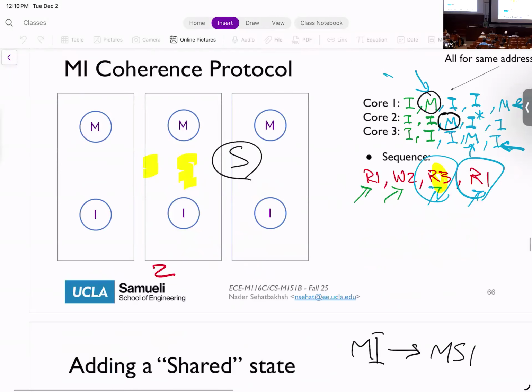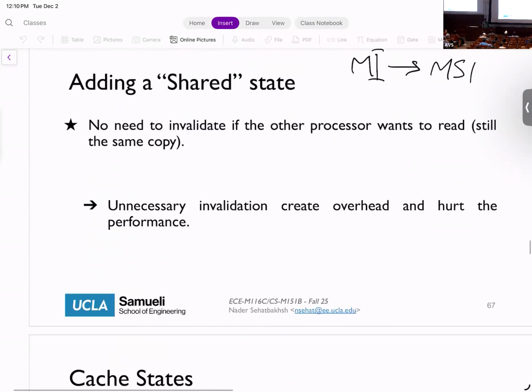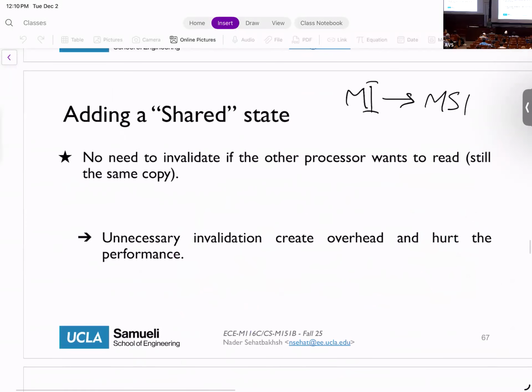We talked about the MI and MSI, and then we said that essentially the idea in cache coherency protocol is balancing the performance and the other overheads, including the area overhead for storing these coherency states, as well as the complexity of the algorithm itself.